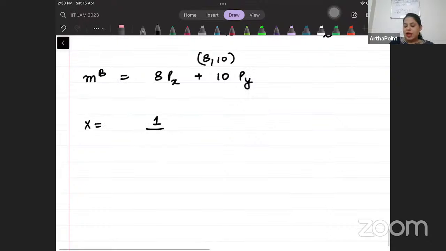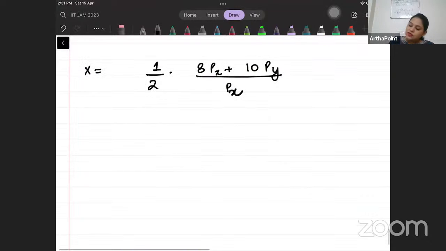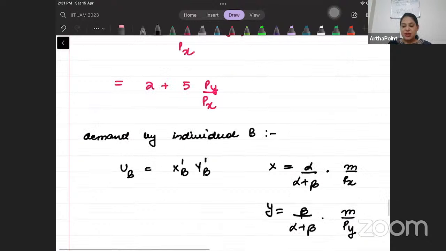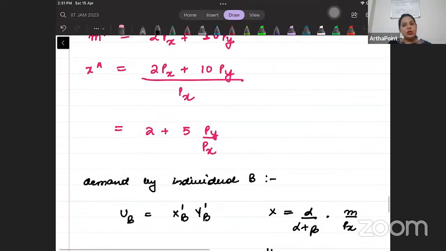Alpha upon alpha plus beta, income by price of good x. If you solve this, you will get 4 px plus 5 py upon px, which is 4 plus 5 py by px. So we have got what individual A will demand and what individual B will demand.